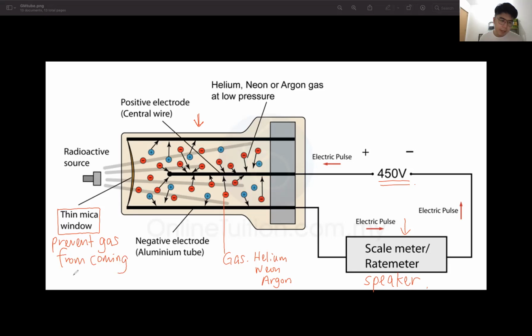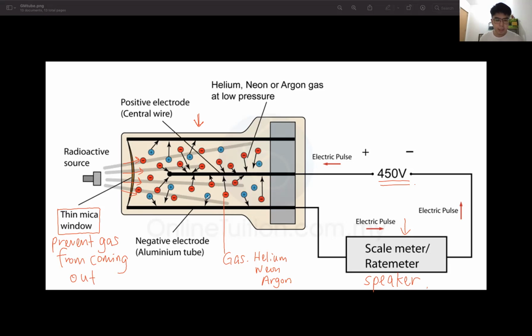And at the same time, the mica window allows the radioactive emission to enter into the tube. So the radioactive emission can pass through the mica window, but the gases cannot come out. The mica window is like a thin sheet made of mica, okay, silicon.